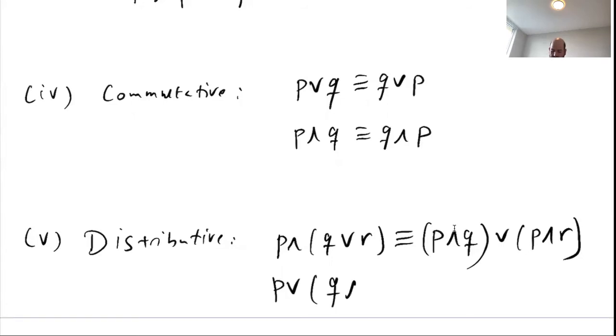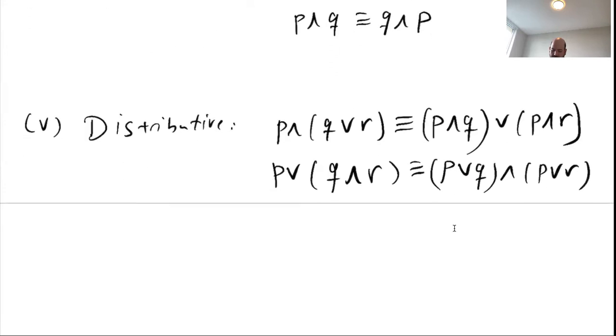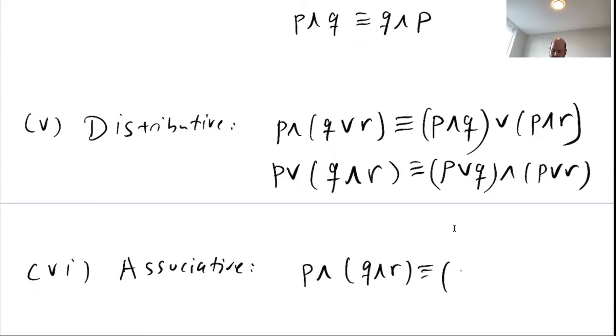P disjunction (Q conjunction R) is logically equivalent with (P disjunction Q) conjunction (P disjunction R). Or associative: (P conjunction Q) conjunction R is same as P conjunction (Q conjunction R).